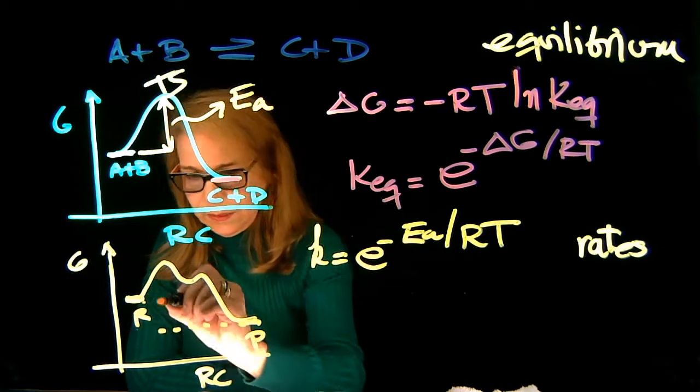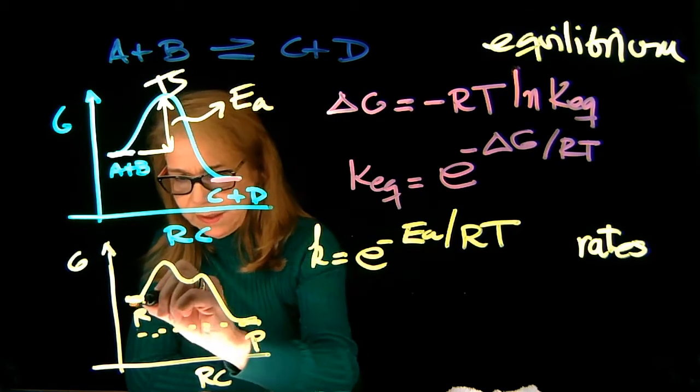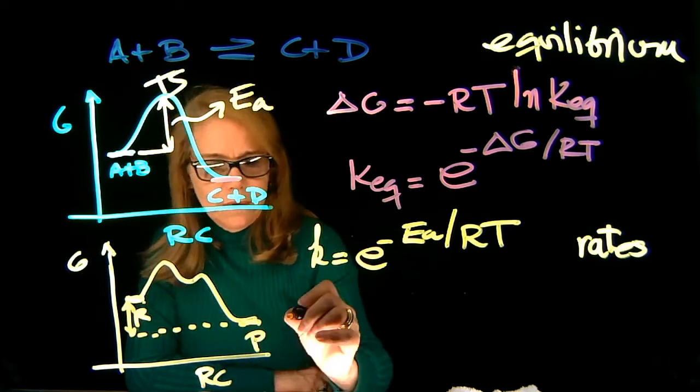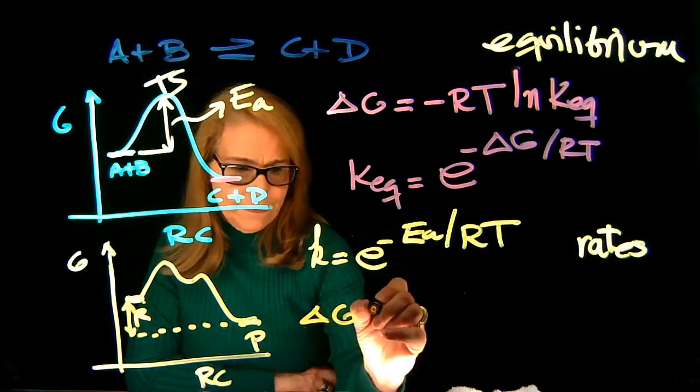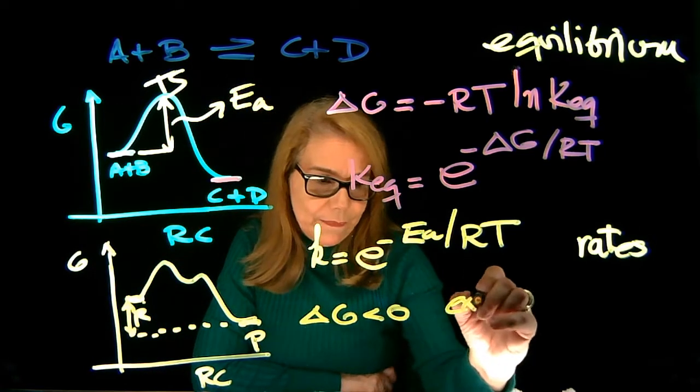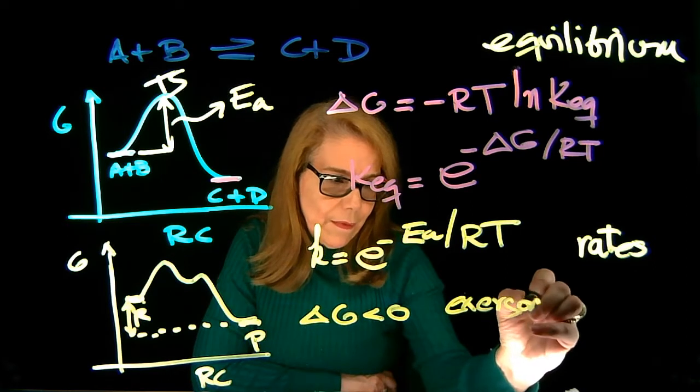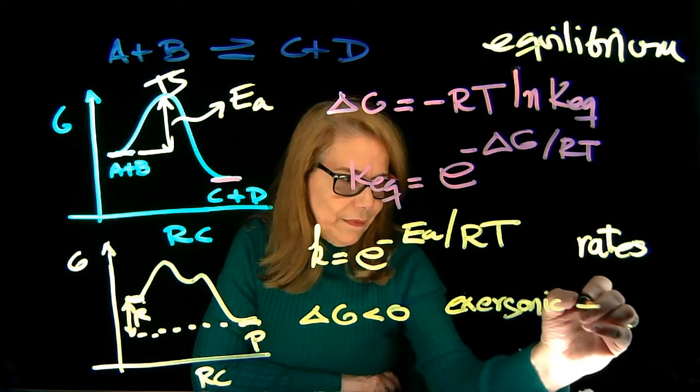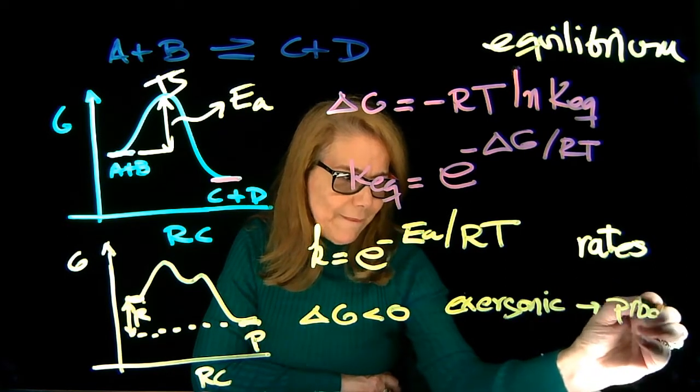Let's do a dotted line between reactants and products; the difference is this amount. So delta G is negative. So this reaction is exergonic, and that means product favored.